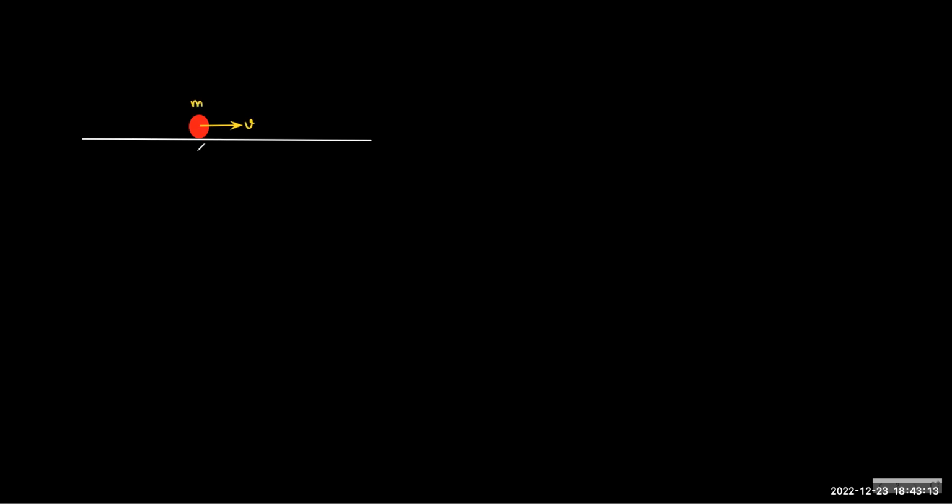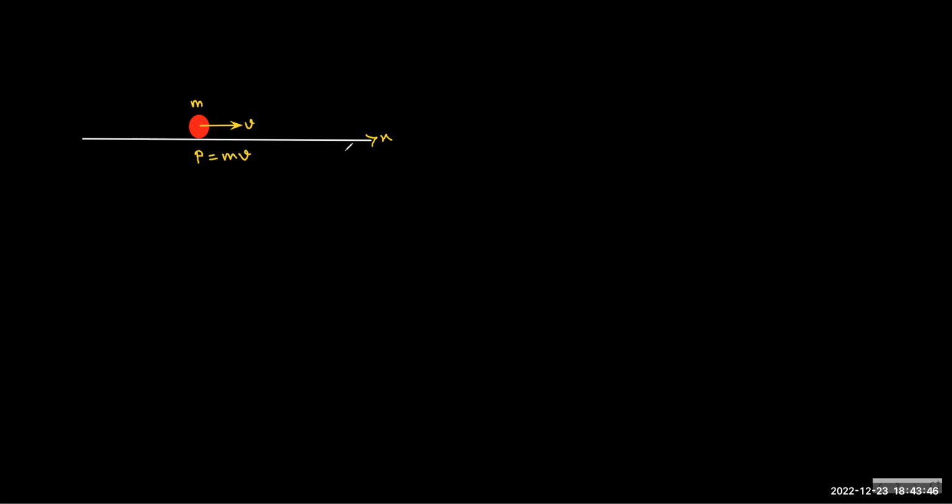Mass is m. So what is the momentum of this object in the beginning? Momentum equals mv. In one dimension, we don't put the arrow every time because it is understood that if I am writing positive, let's say this direction is positive, then the left will be negative. So we can take care of direction with the help of plus or minus sign.